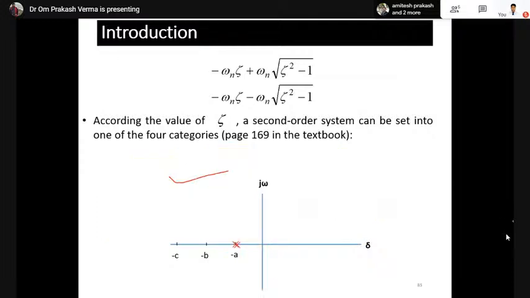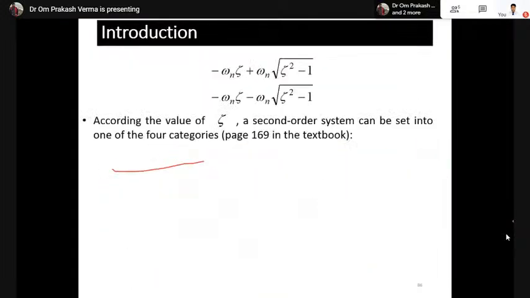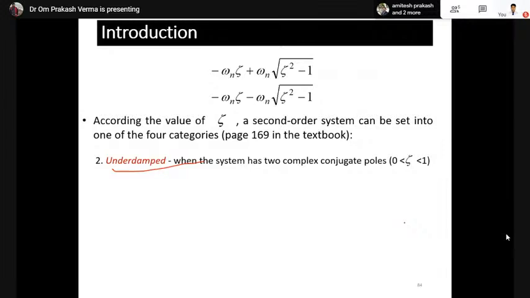Now, just increase the value of zeta from 0 to 1. Let's say I have taken the value of zeta as 0.5, and now calculate.